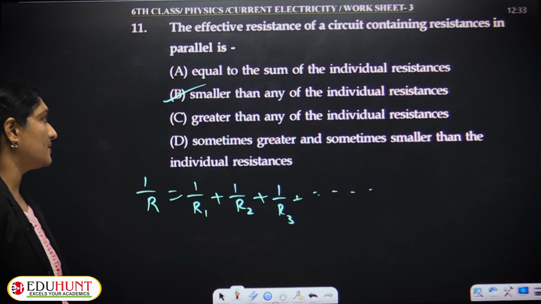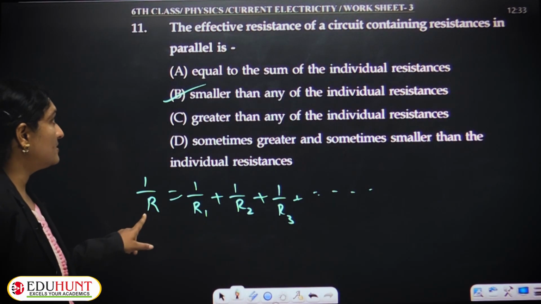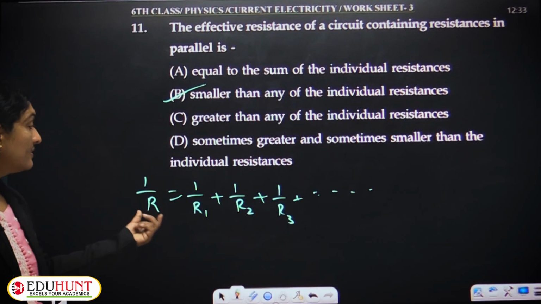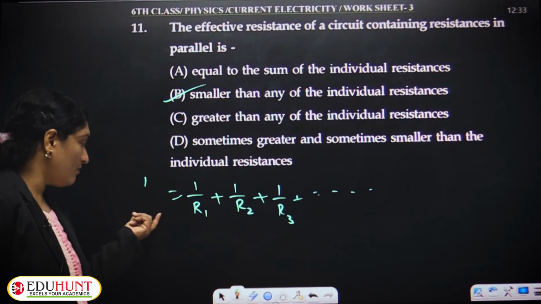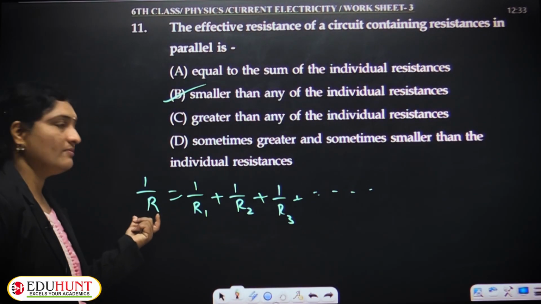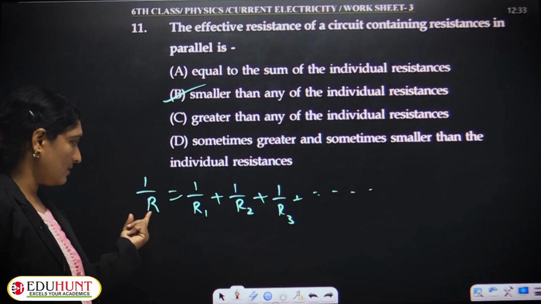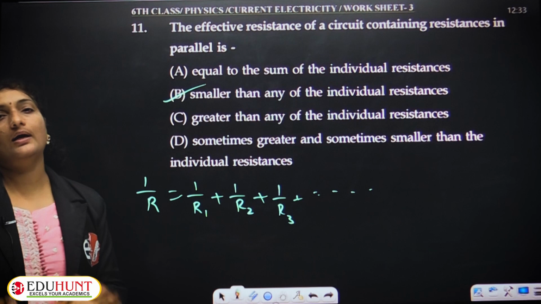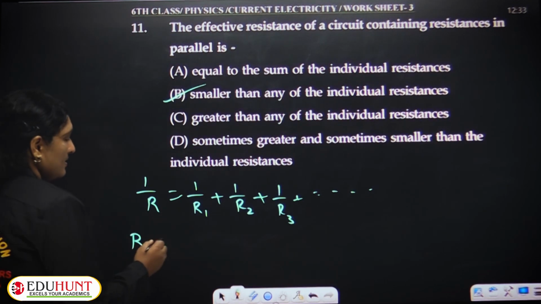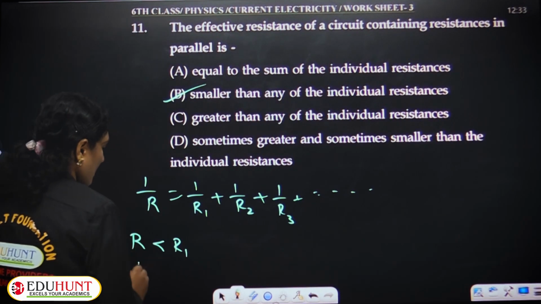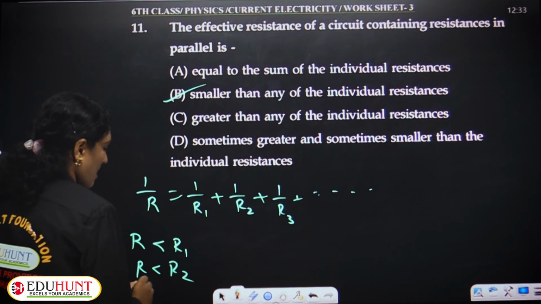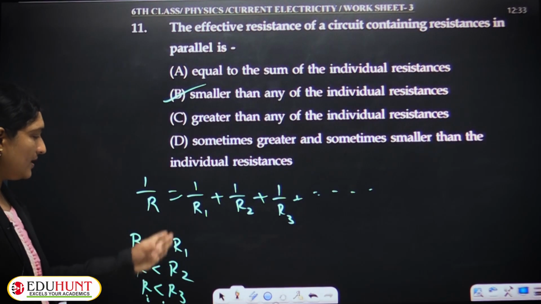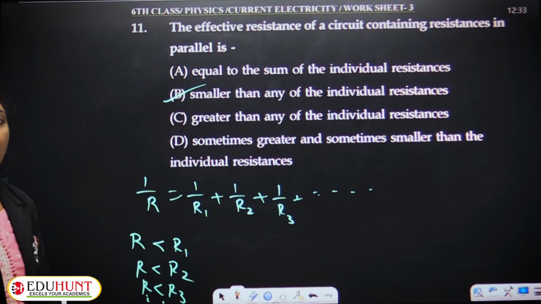So, always remember that when resistors are connected in parallel, the effective resistance is always lesser than the individual resistances. That means R is less than R1, R is less than R2, R is less than R3 and so on.